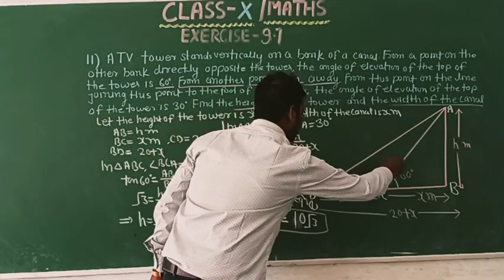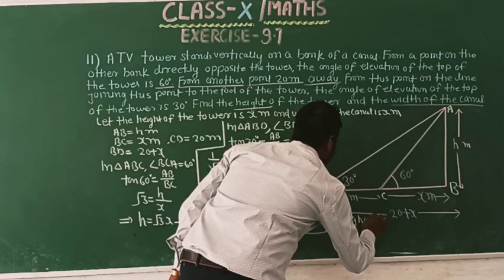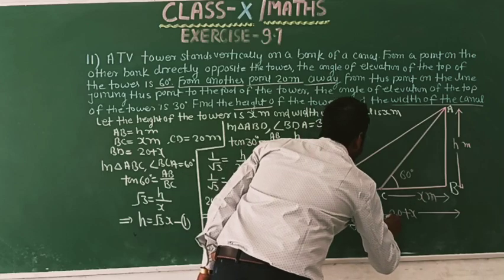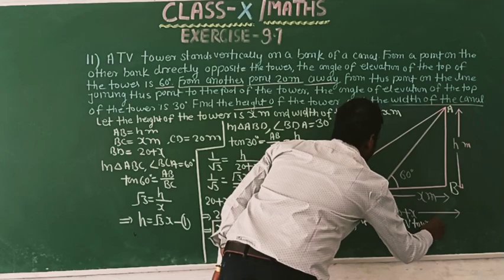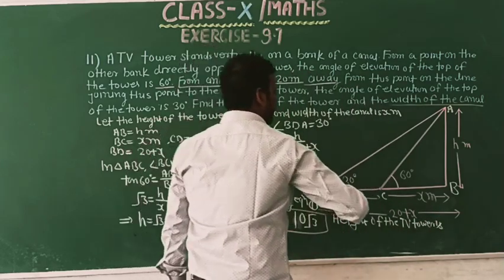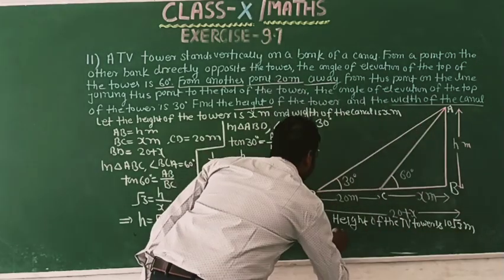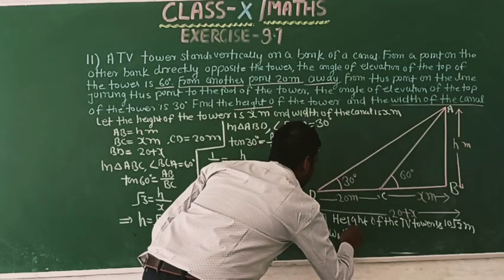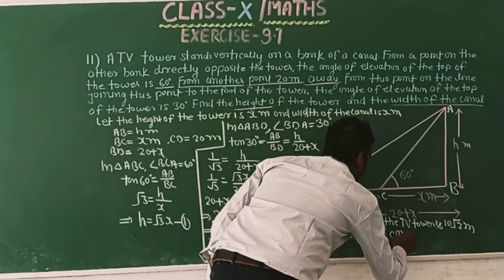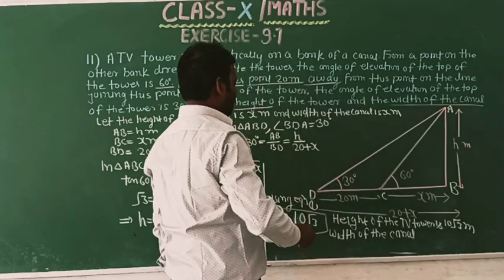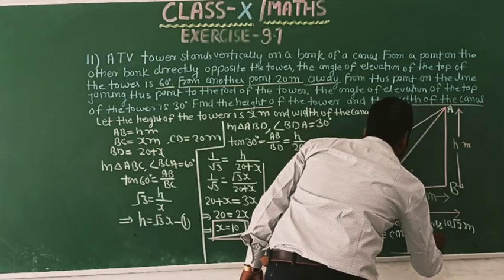Okay, so therefore the height of the TV tower is 10 root 3 meter, and width of the canal is 10 meter.